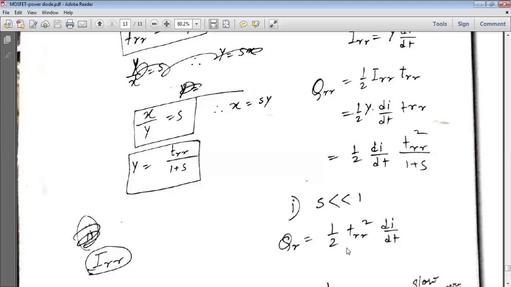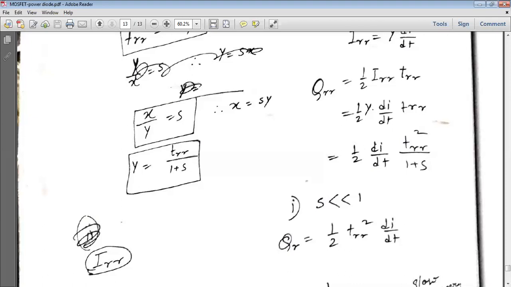Due to stored charge in the capacitor, the power diode is actually a slower device. And if I apply some external means to remove this charge, then the device will quickly come to the off state, and this is known as commutation, which we will discuss in SCR, that is silicon controlled rectifier.